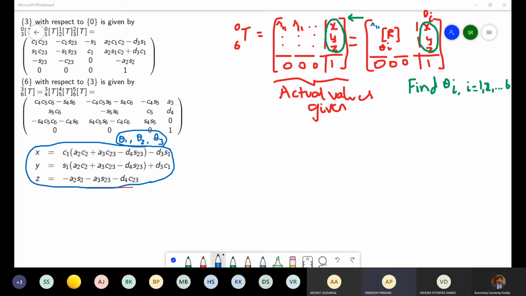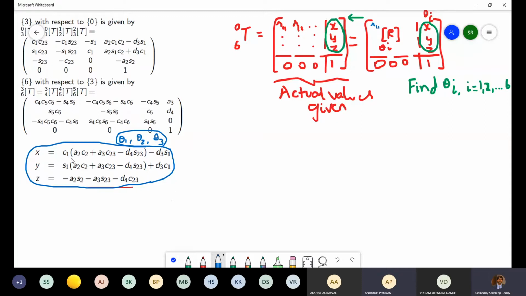Sir, we can find theta 2 next. Theta 2, yeah. How? In the first equation, the thing in the bracket, sir. Now that we know theta 1, we can find that explicitly, the thing in the bracket. We can find the value of that by substituting theta 1 and d3 and x.